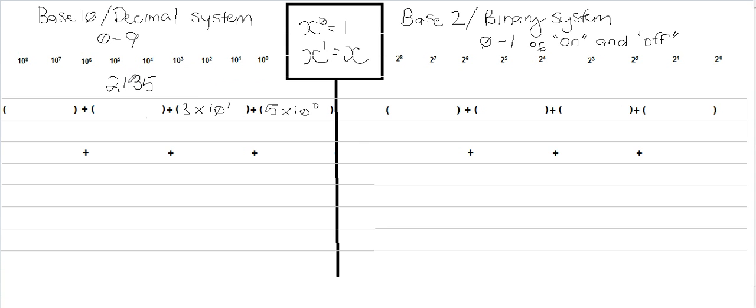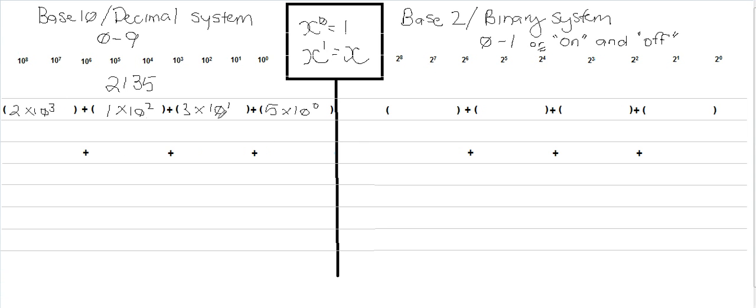Then we have 1 times 10 to the power of 2. And 2 times 10, it's the fourth position, 2 times 10 to the power of 3.